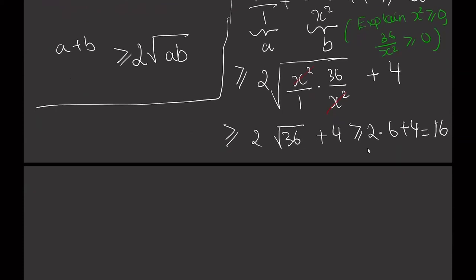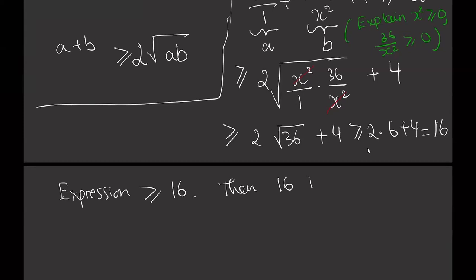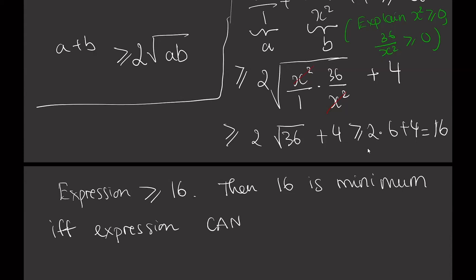So if you have the expression greater than or equal to 16, then 16 is minimum if and only if you can prove the expression can achieve 16.